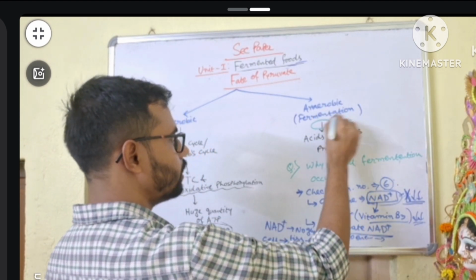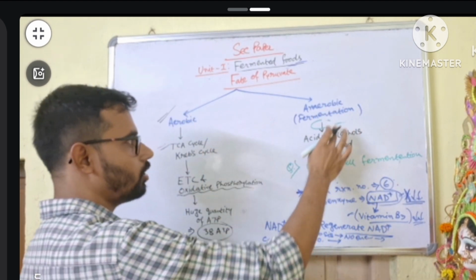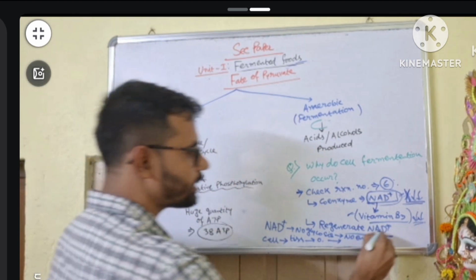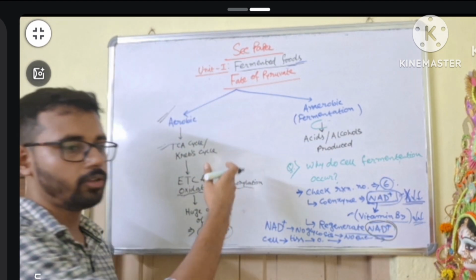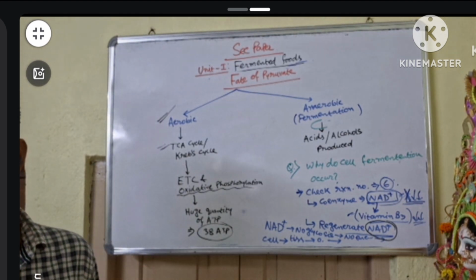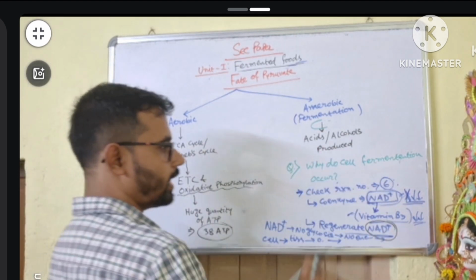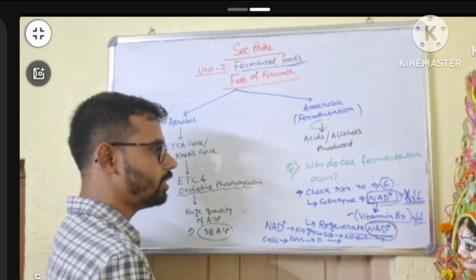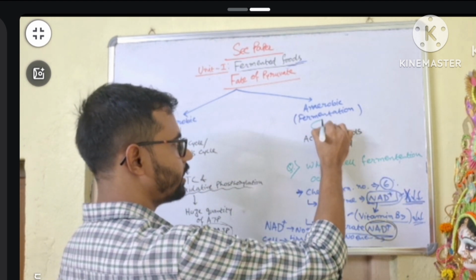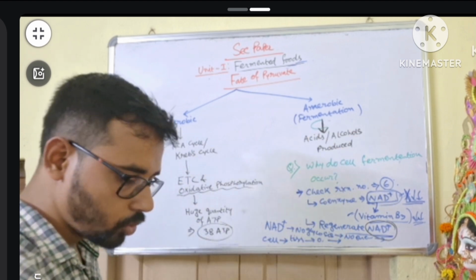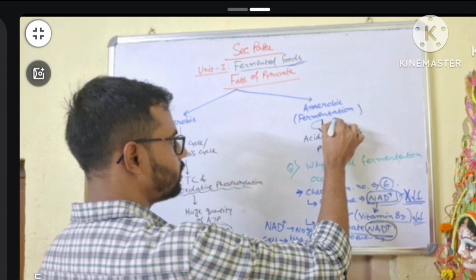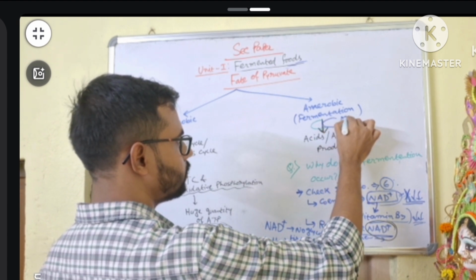After pyruvate formation, it is converted into acids or alcohol, and the main objective is to regenerate NAD plus. Otherwise, glycolysis will be stopped and cells will die. To maintain NAD plus concentration inside the cell so glycolysis carries on, NAD plus has to be regenerated. That's why one or two additional steps are done by the bacteria, where NAD plus is replenished.